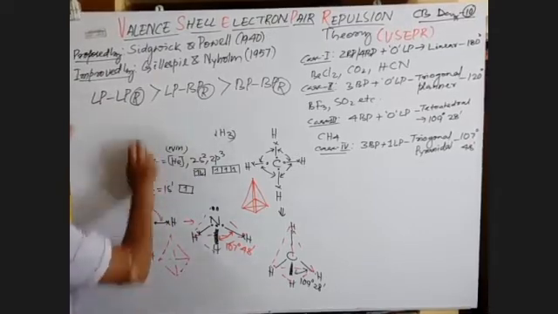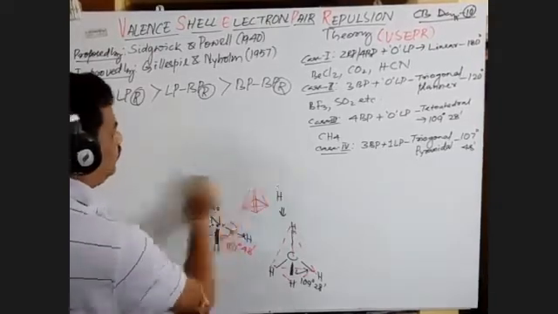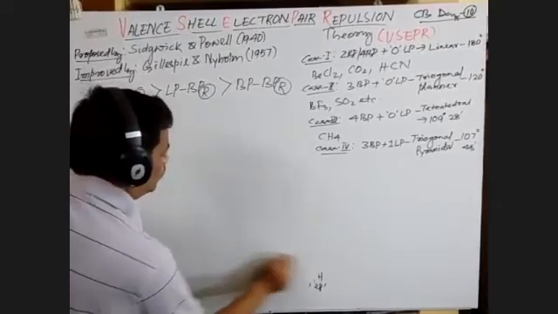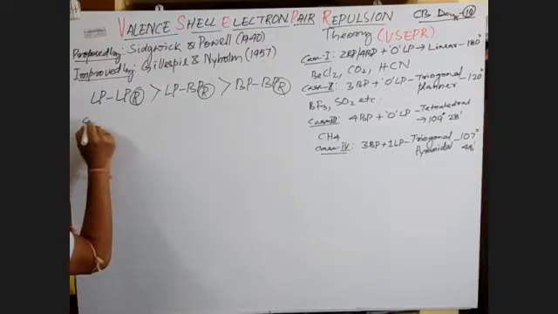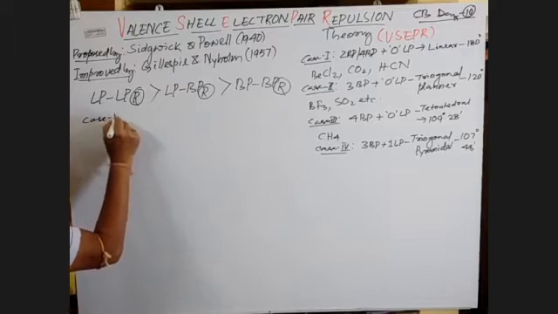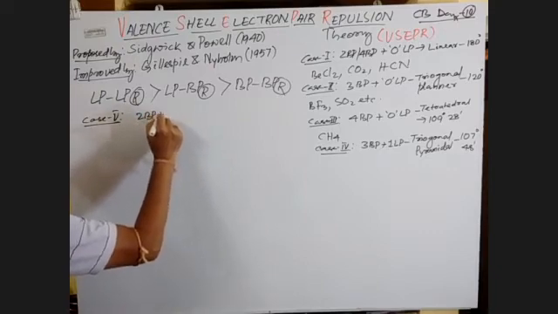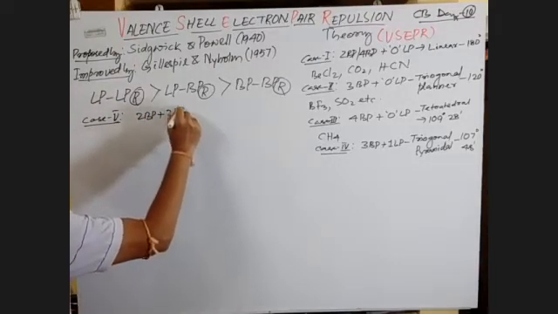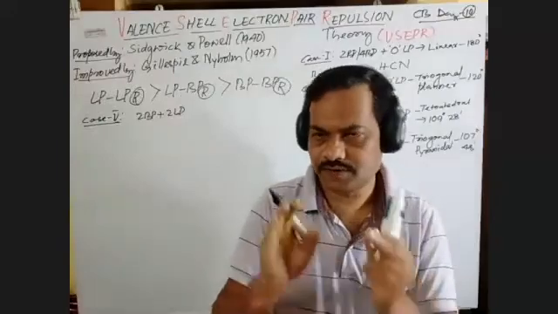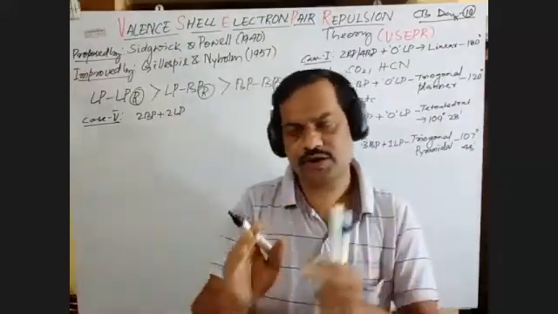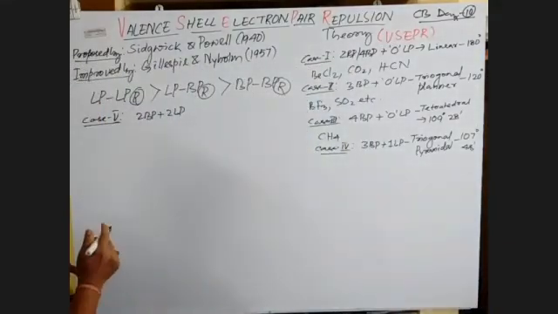In case 5, if there are two bonded pairs and two lone pairs, then what will be the shape? Two pairs of electrons are shared, and two pairs are lone pairs.